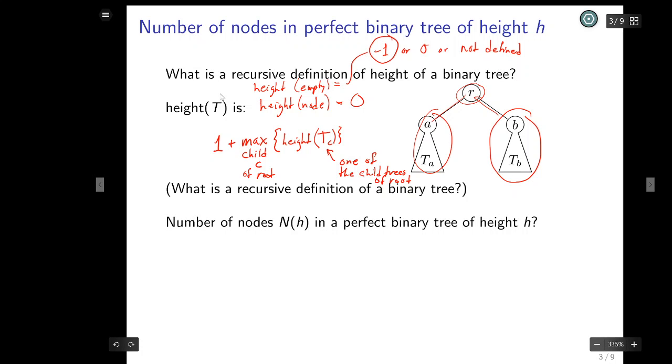But you could say, I didn't mean maximize over all the children, including the empty ones. I just meant maximize over the non-empty ones. So if you do that, then I don't care what you define the height of the empty tree to be, because you're never going to be using that. Do you see what I'm talking about? Okay.